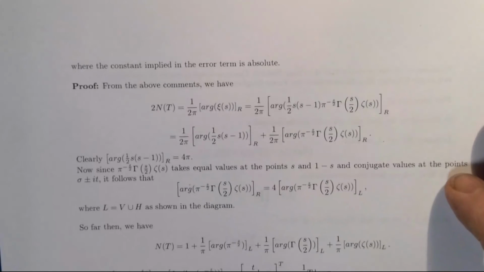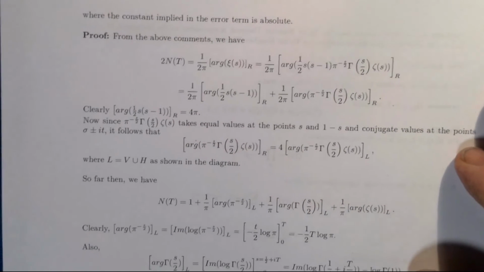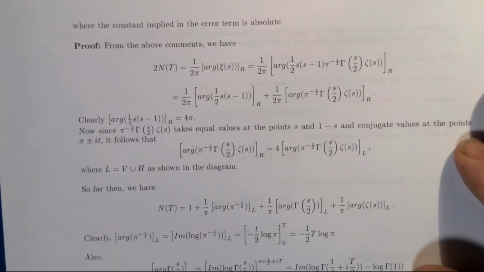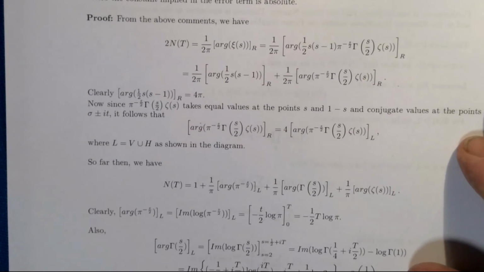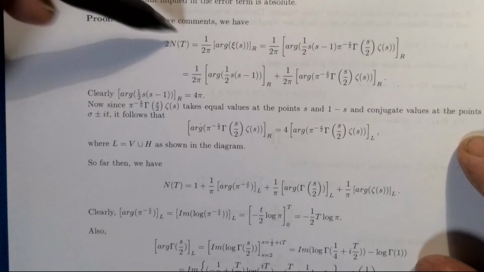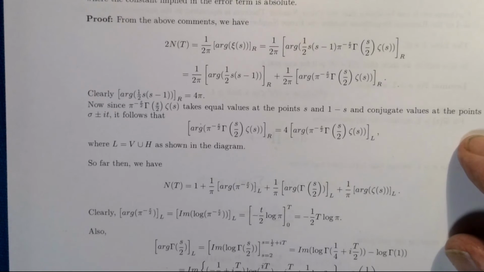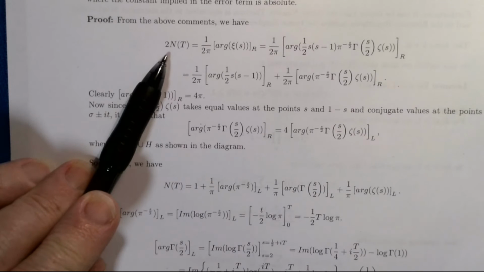So here is the proof. We're going to use what we had above, and so from the above comments we have twice n of t, because we're looking at the intersection of this big rectangle with the upper half plane.